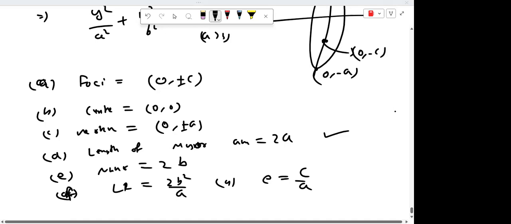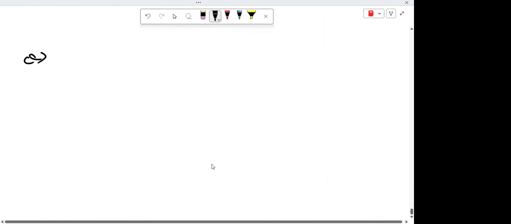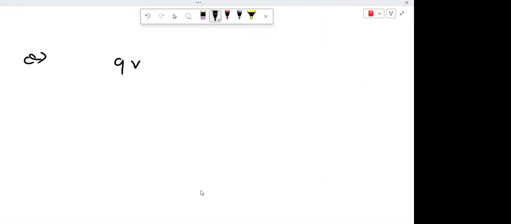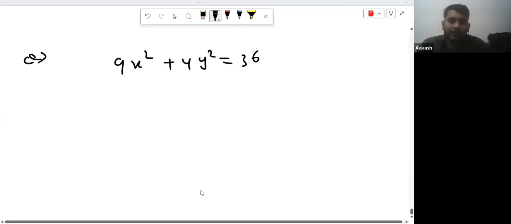Equation is 9x square plus 4y square equals to 36. See which type this is. Then you can find the answers easily.